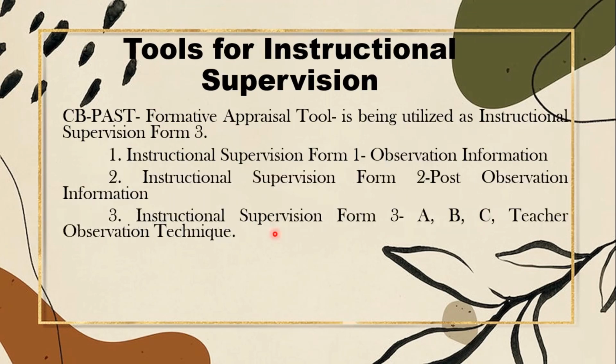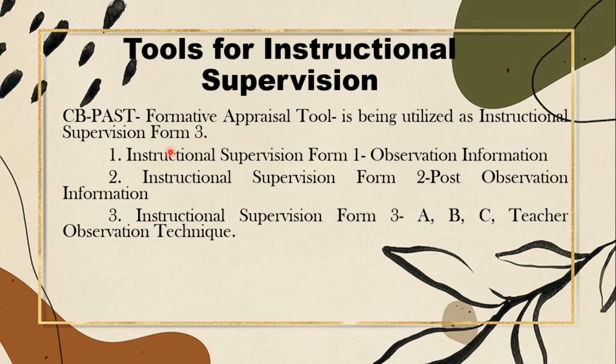Aside from this, we have tools for instructional supervision. The Department of Education cites various forms used by the school administrators or supervisors in classroom supervision. We have here the CB-FAST, the formative appraisal tool, which is being utilized as instructional supervision form 3. This links the instructional supervision process as a formative evaluation in the performance appraisal of the teacher.